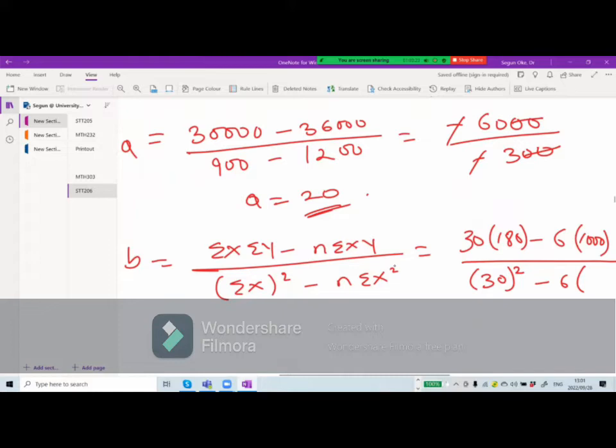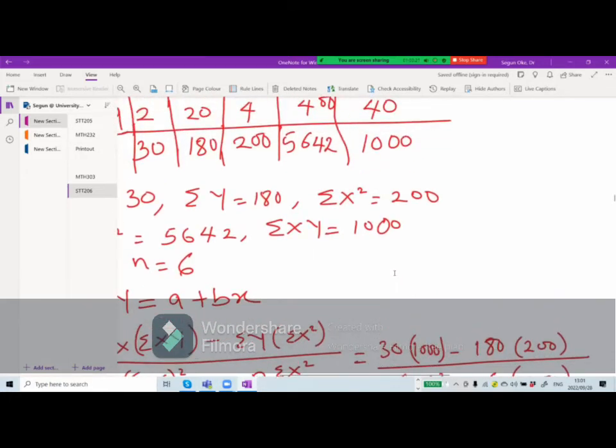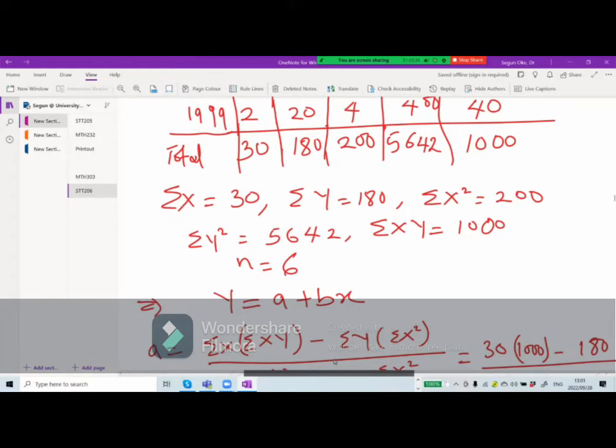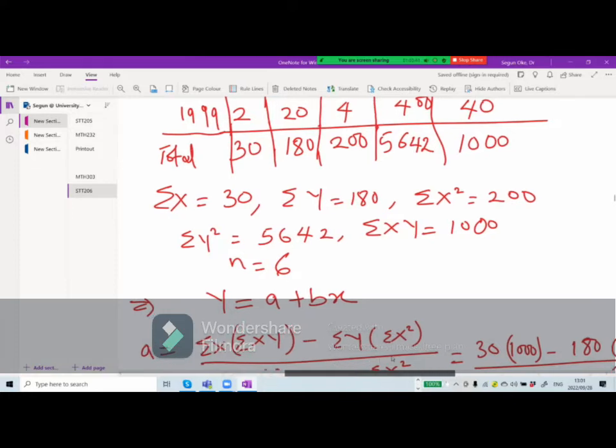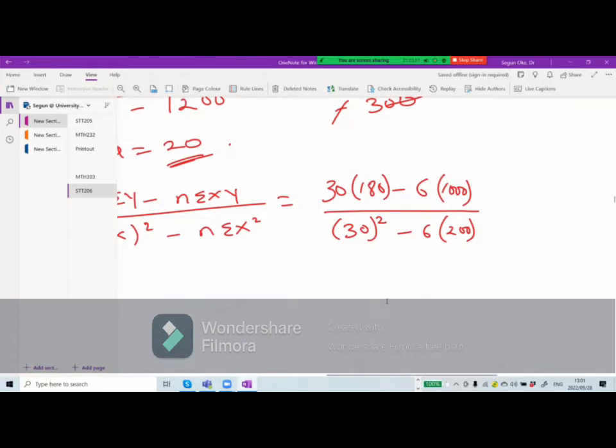Okay, it's summation X, not summation Y. Don't forget, summation X all squared is different from summation X squared. Just call the value for me. It's 30 squared, 900.